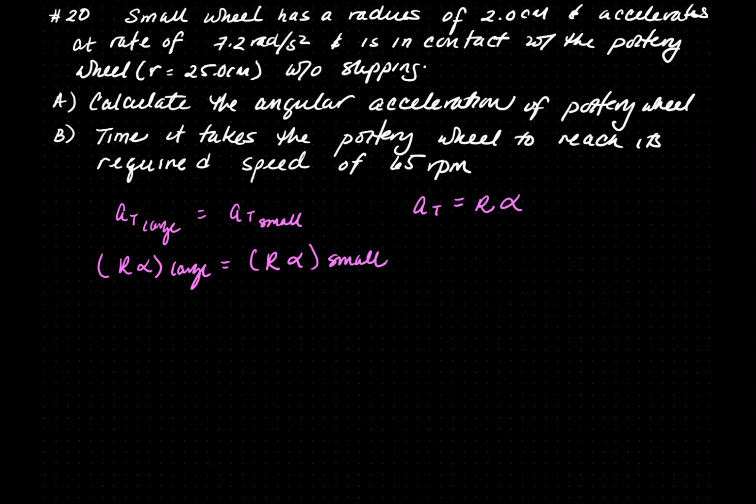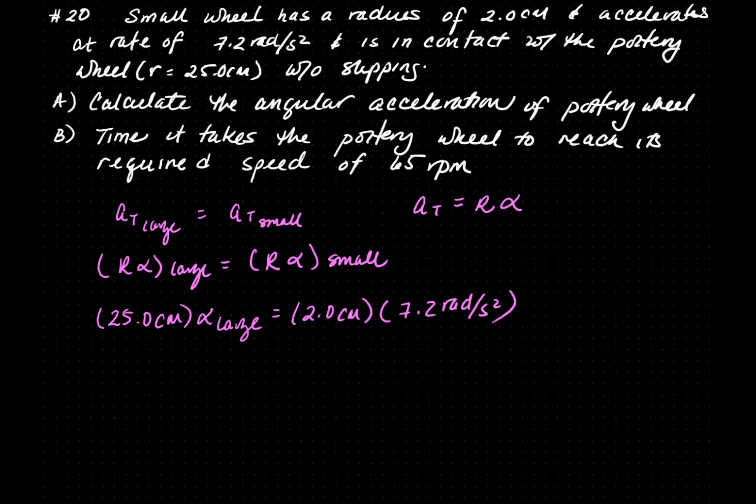So the pottery wheel has a radius of 25 centimeters. My alpha for the pottery wheel is what we're looking for. This is equal to the radius of the small wheel, which is 2 centimeters, and the small wheel rotates at 7.2 rads per second squared.